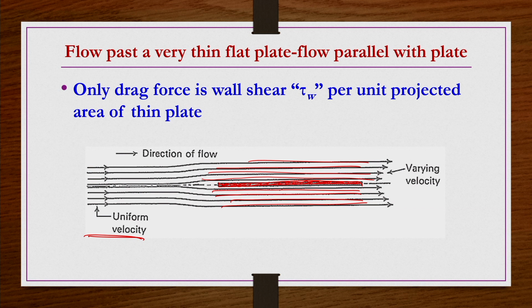The fluid is majorly exerting a shearing force on the surface. It is also exerting some pressure force, but that is very, very small. So we can say the only drag force in such a geometry is the wall shear drag.